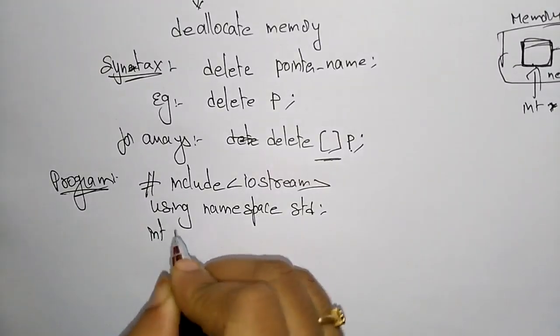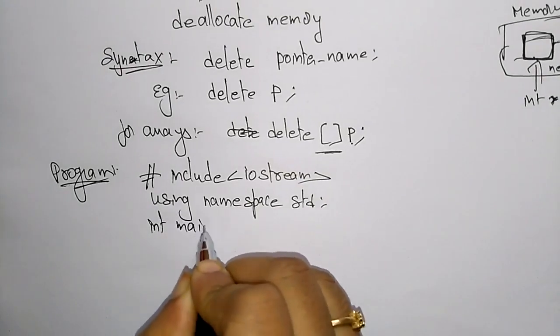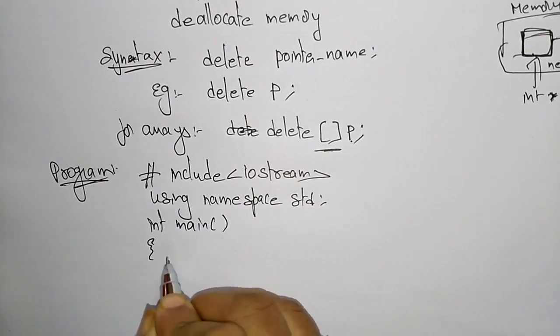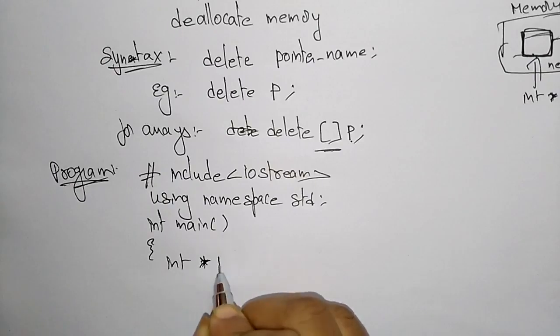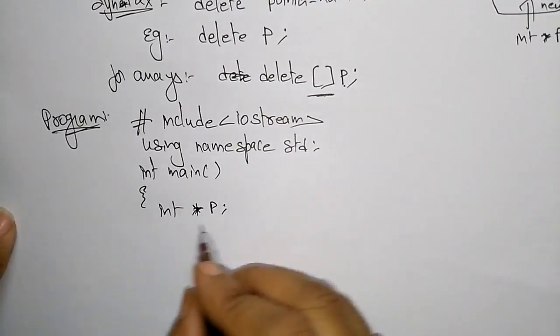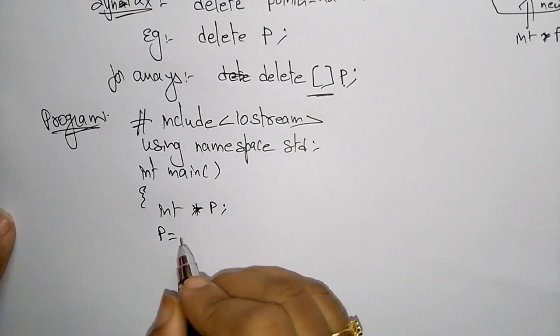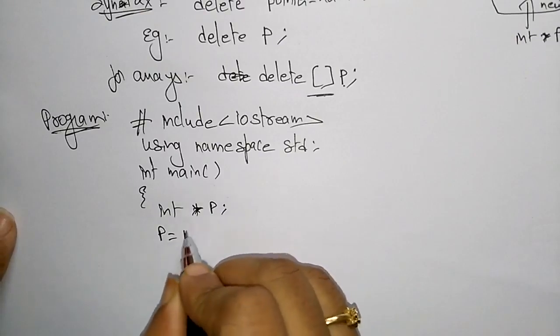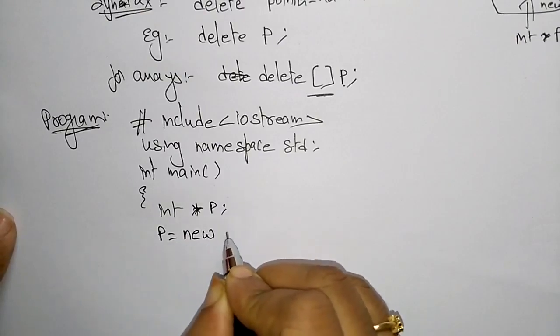Now coming to the main program, int main. First I created the pointer variable int *p. For allocating the memory space, p is equal to new int.